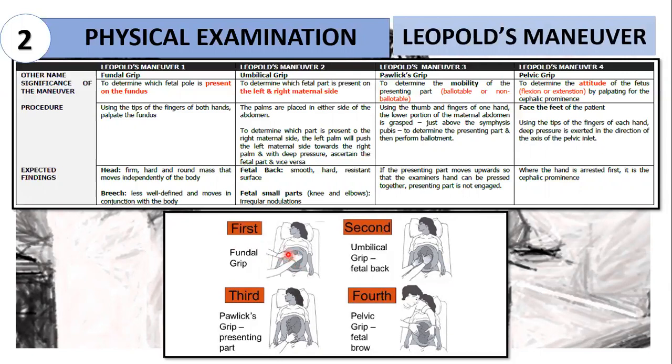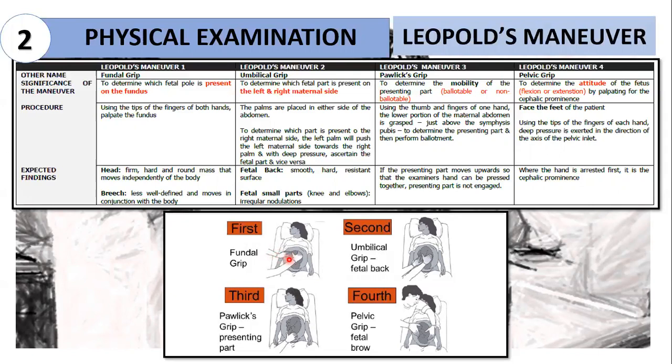We use the tips of the fingers of both hands to palpate the fundus. If we would palpate a firm, hard, and round mass, then that would be the head. But if it is less well defined and moves in conjunction with the body, then that's the breech, the butt of the fetus.